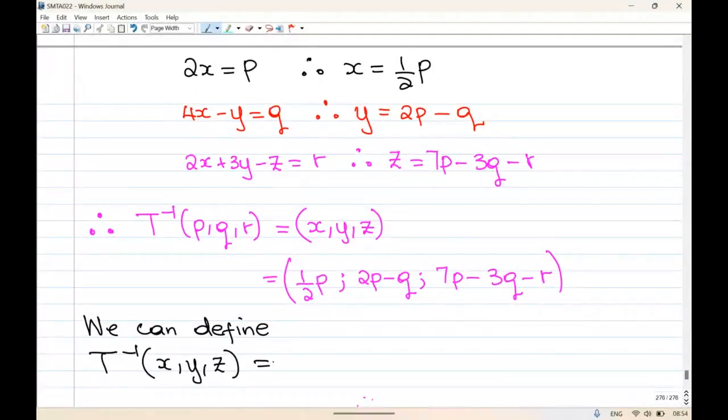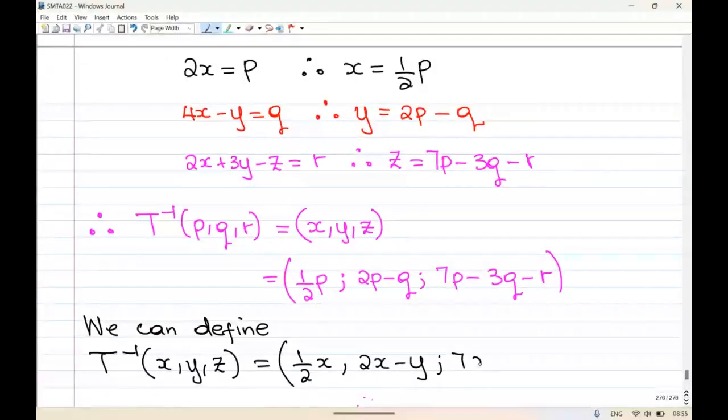Is going to be equal to, what, colleagues? Is it half x, and then 2x minus y, and then 7x minus 3y and minus z?